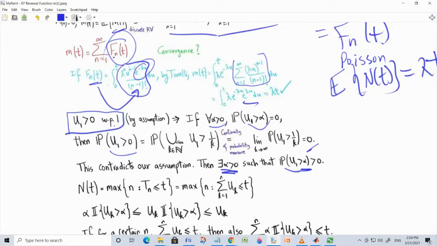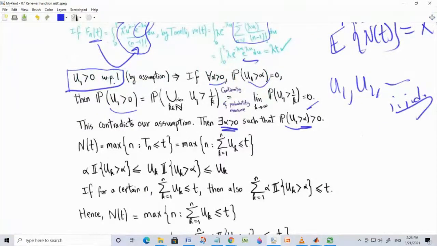And this contradicts our assumption that the probability that U1 is strictly positive is 1. So because of that contradiction, there is always guaranteed to be some positive alpha such that the probability that the interarrival time is greater than alpha is strictly positive. I put U1 here, but remember that U1, U2, and so on is an IID sequence, so each one of them has the exact same distribution.